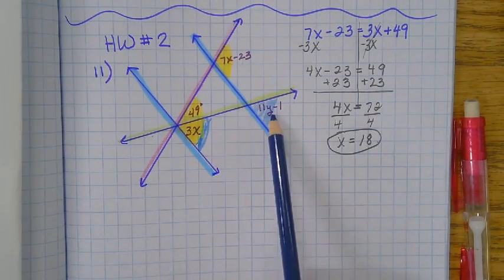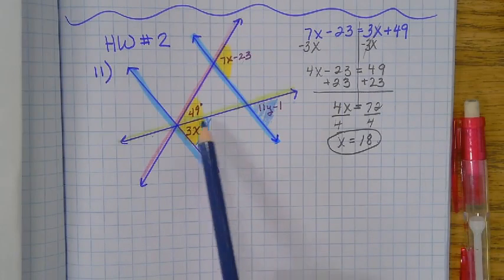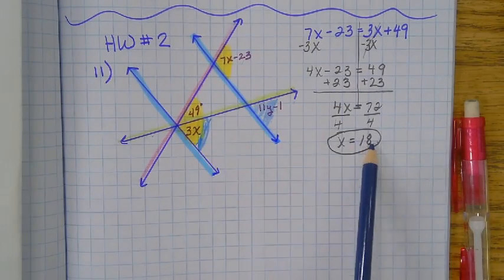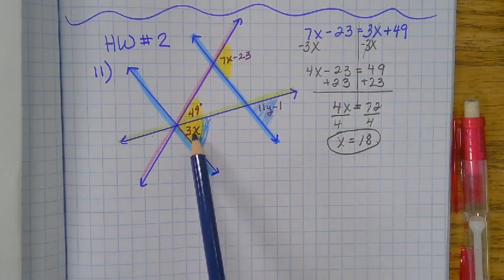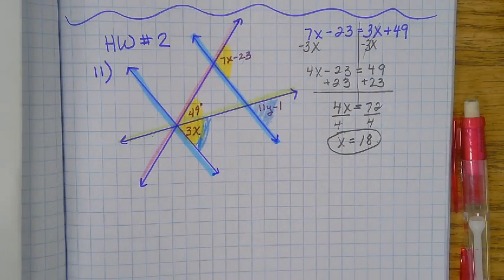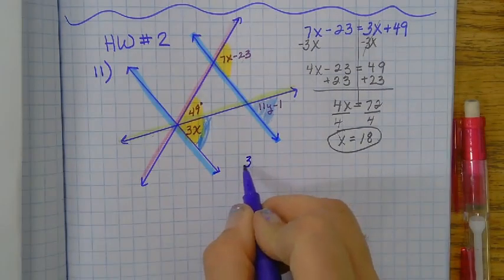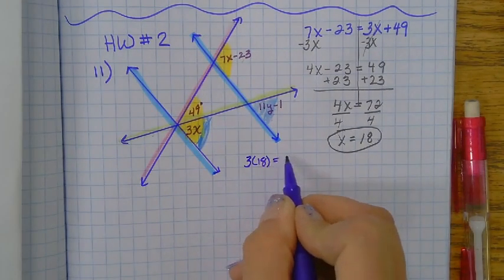Those are corresponding. So it doesn't help me with the x in there, but if I take the 18, plug it in for x and find out what the value is there. So 3 times 18 is 54.